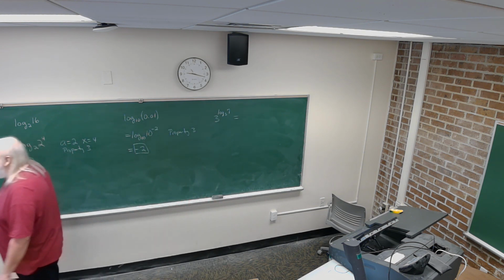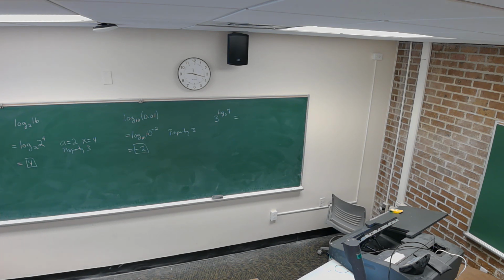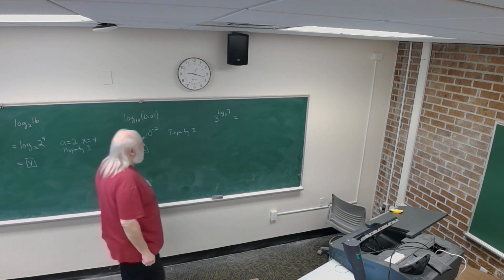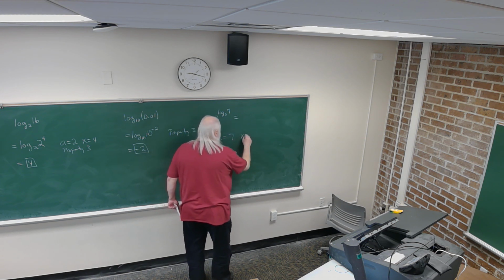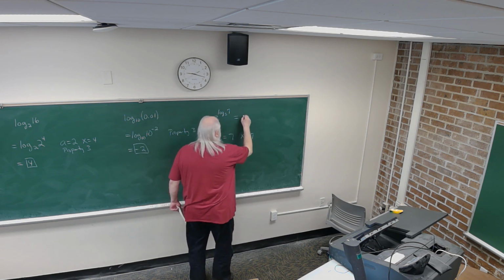That looks a lot like property 4, with a equal to 3 and x equal to 7. And so this is just equal to 7.